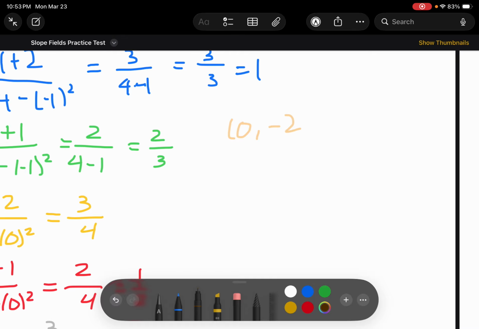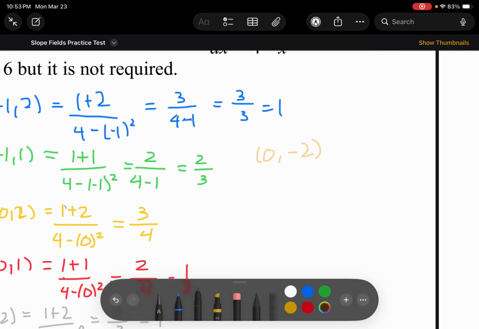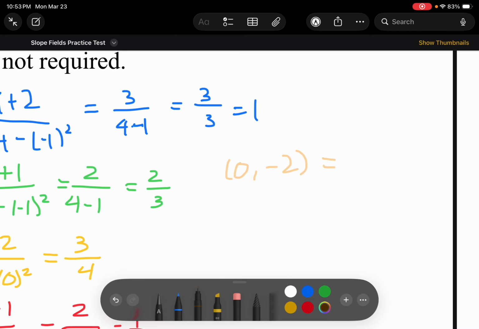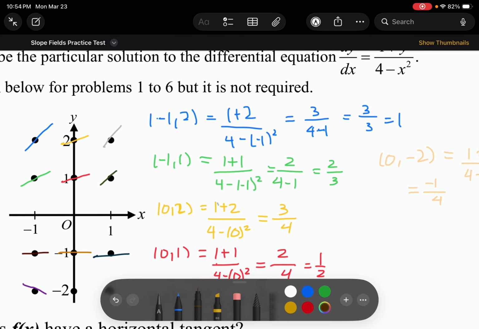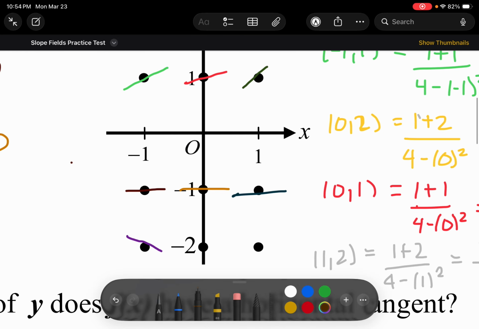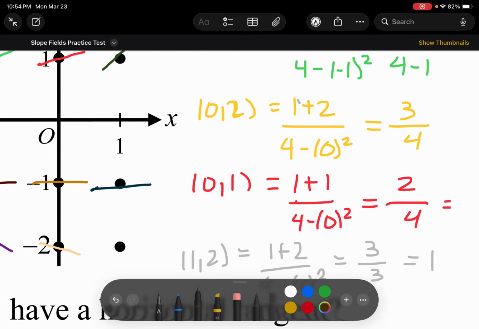Okay. 0, -2. 1 plus -2 over 4 minus 0 squared, which is 1 plus -2 is just -1, and 4 minus 0 squared is just 4, so it's -1/4. So it should be really narrow. I would say something like that, more narrow than that, hopefully. Yeah.